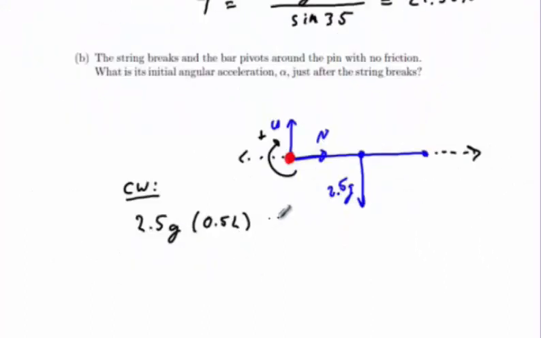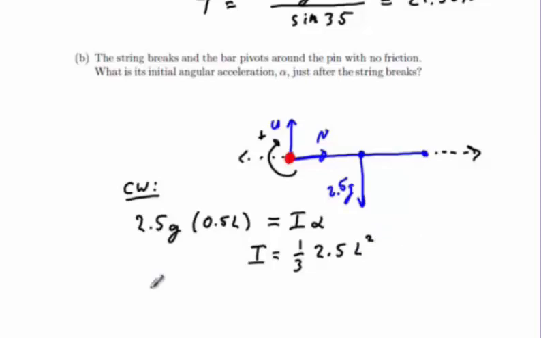The sum of the torques is I times alpha, and in order to solve for alpha, which we've been asked for, we need to replace the moment of inertia of this flagpole with some particular form. We recognize that the flagpole is of a shape that is a rod rotating around its end, and we remember that 1/3 mass times length squared is the moment of inertia of a rod rotating around its end.